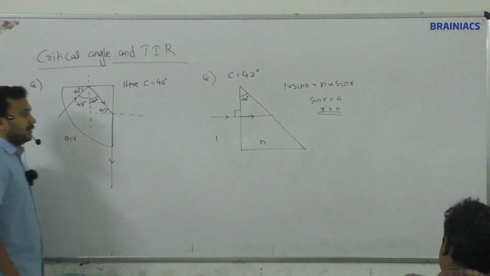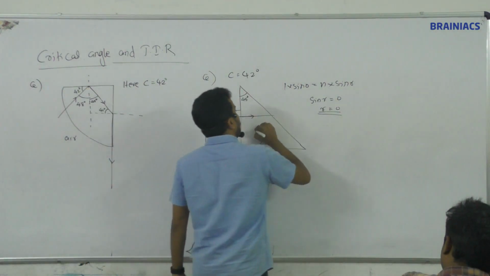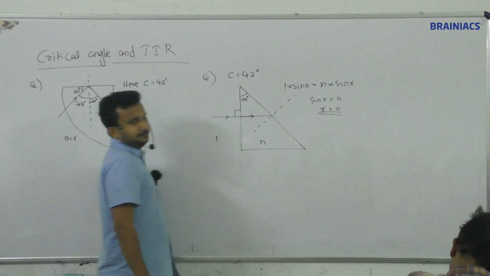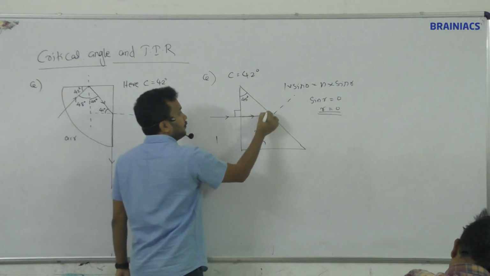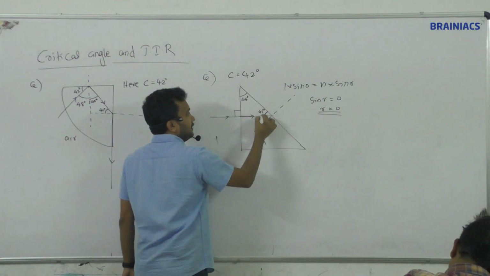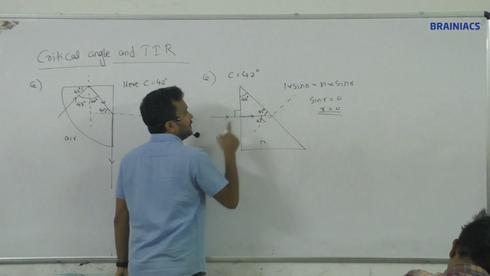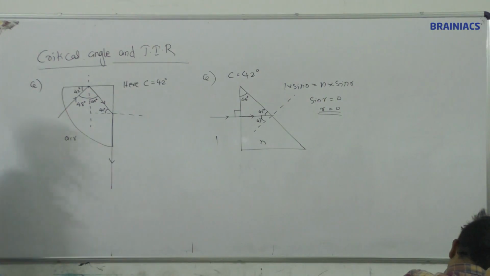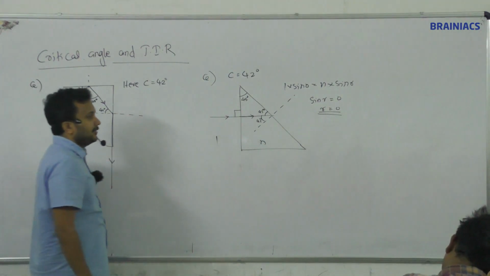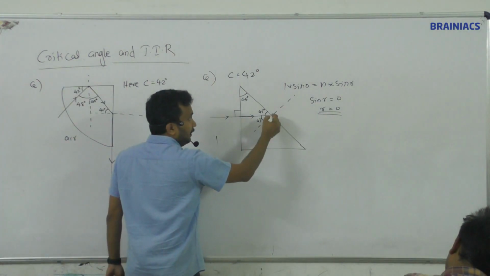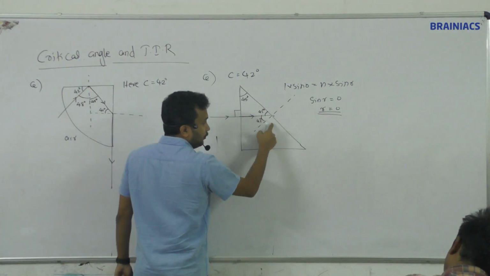Now we have to calculate. This is the normal, and this angle is 45 degree. The angle of incidence is 45 degree, which is greater than the critical angle, so the ray will undergo reflection. Reflection means the angle of incidence should be equal to the angle of reflection.